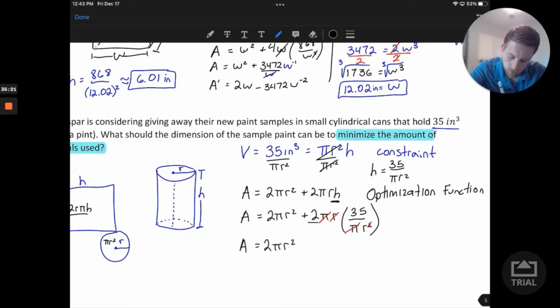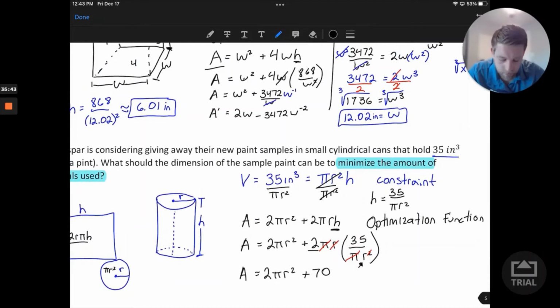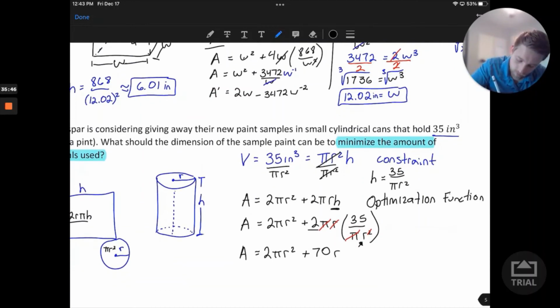The 2 and the 35 give us 70. And then if I look at r, that's in the denominator right now. That r, the denominator to the first power, we can rewrite here as r to the negative first power, similar to how we wrote the w previously. So I'll just go right to that. We'll have r to the negative first power. So here's my area function.